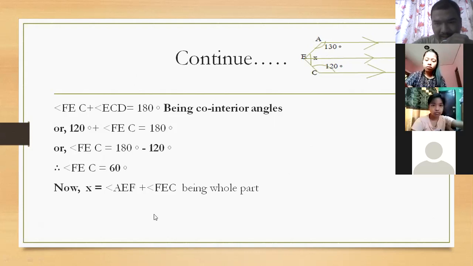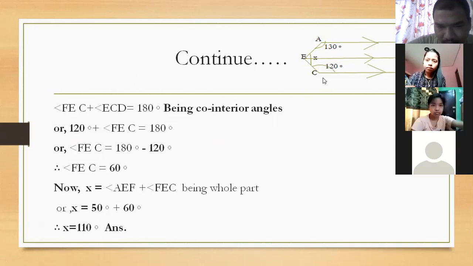We got just now 50 degree and 60 degree. This upper one is 50, the lower one 60. Then when you add 50 and 60, you will get the value of X. Have you understood, children?